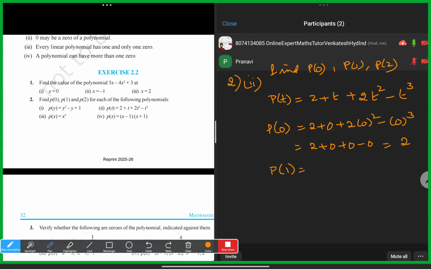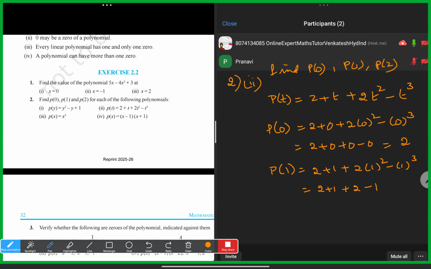Then P of 1 means wherever t is there, I am keeping 1, Pranavi. So 2 plus 1 plus 2 into 1 square minus 1 cube. 2 into 1 square is 2, 1 cube is 1. Students are making one mistake, Pranavi. Here luckily 1 is there.